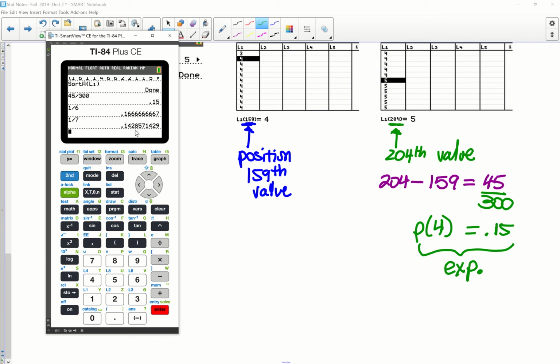When I did it 300 times, I got about 0.15. I should have gotten about 0.167. So it's moving towards the correct probability. It doesn't matter how fast it moves towards the correct probability. It's just got to move towards the correct probability.